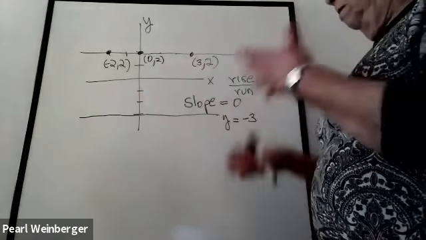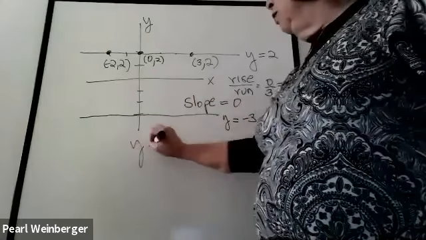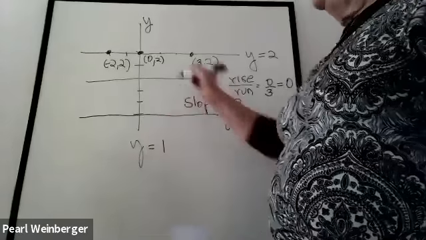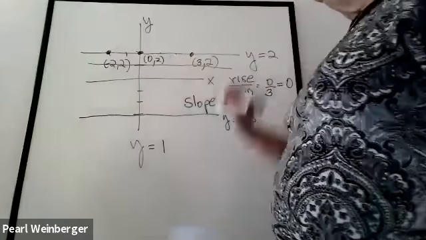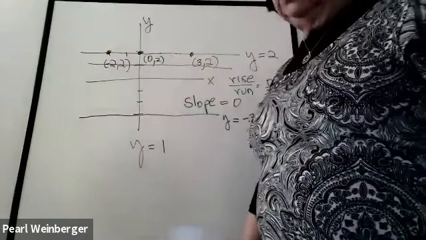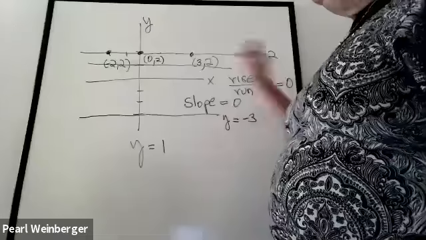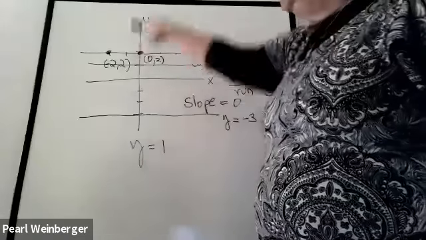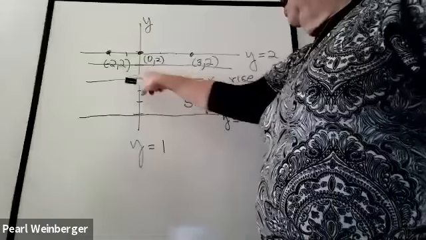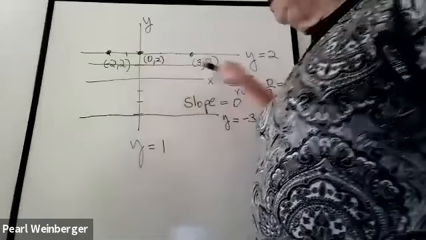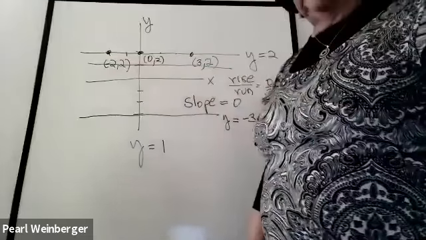And if I were to give you this equation, y equals 1, you would know that's this horizontal line right here. So horizontal lines are really easy to deal with. It's just an equation, y equals a number. And whatever that number is, you go to the y-axis and just go across at that point. And the x-axis itself would be y equals 0, because at that point the y is 0.